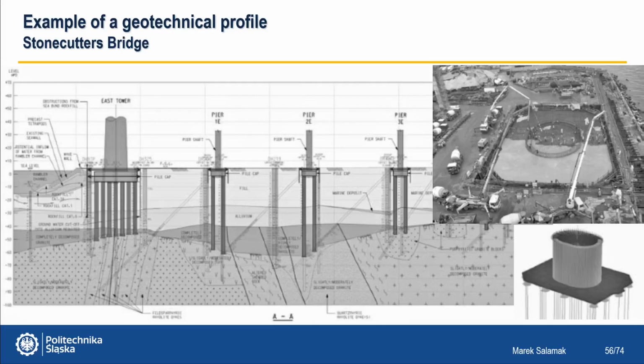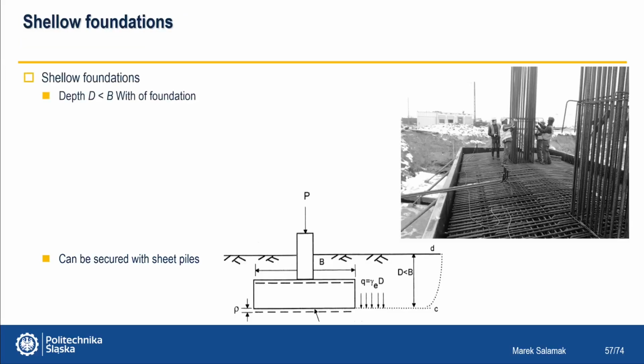Here I have an example of geotechnical profile that was used to design foundations for the Stonecutters Bridge supports in Hong Kong. As you probably remember, we have two basic ways of building foundation, shallow and deep.